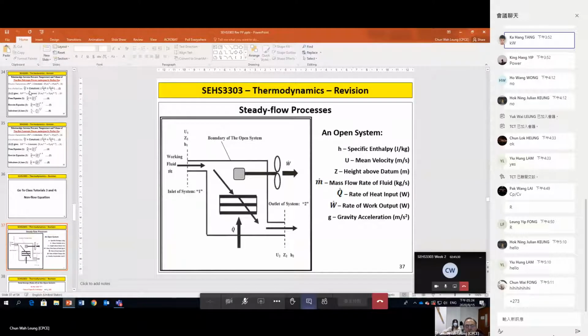Kilogram per second, right? So we are talking about a flow rate. So therefore, on top of the mass, we have a dot, m dot, right? We are assuming that the mass flow rate is constant throughout. Therefore, we call it a steady flow.